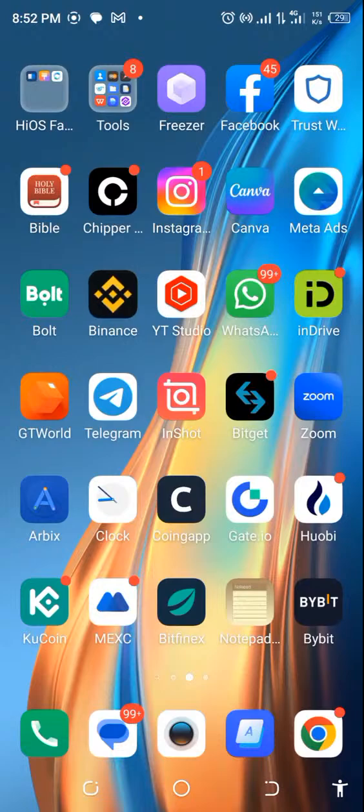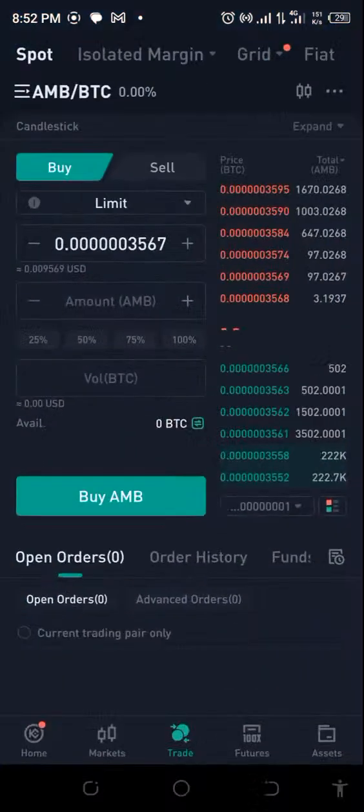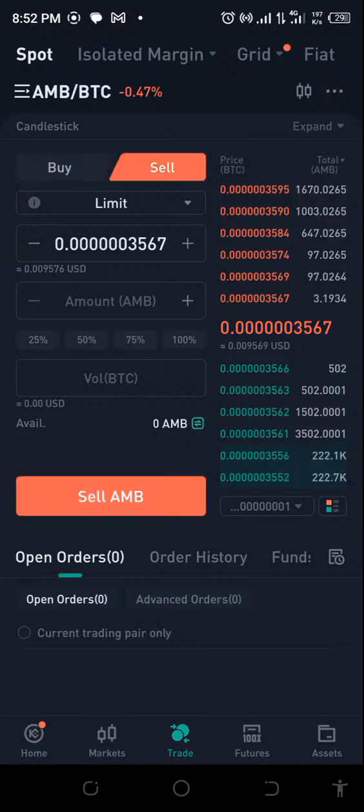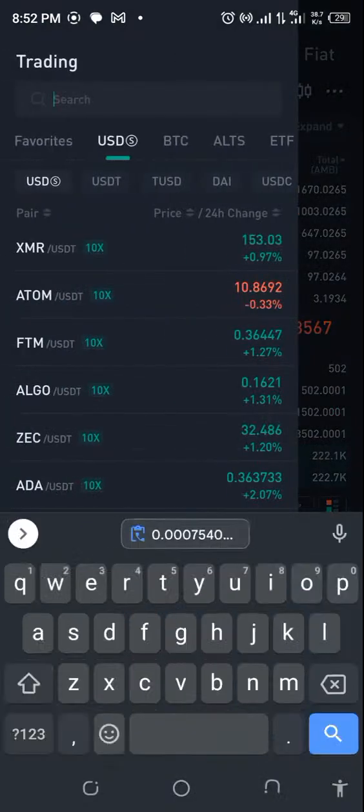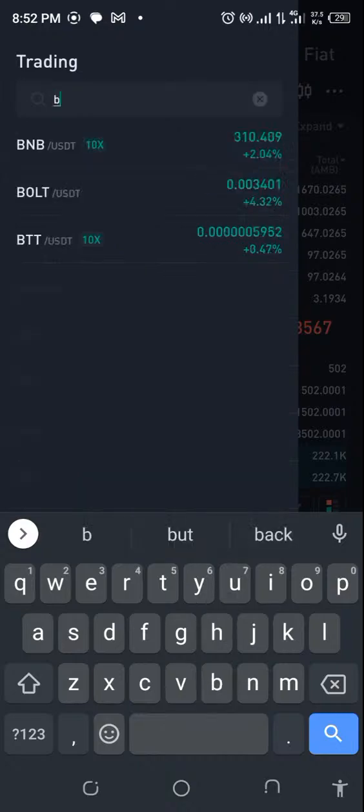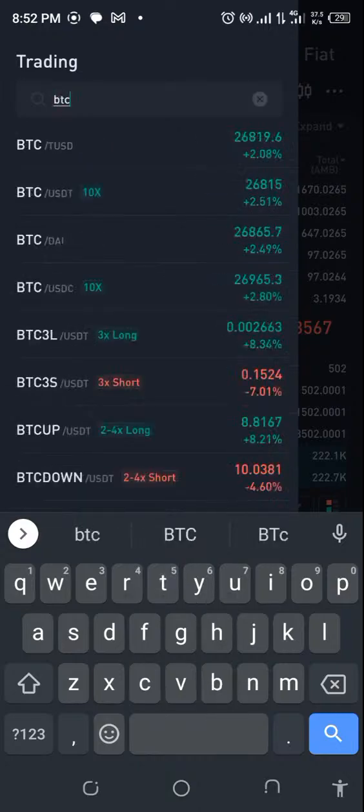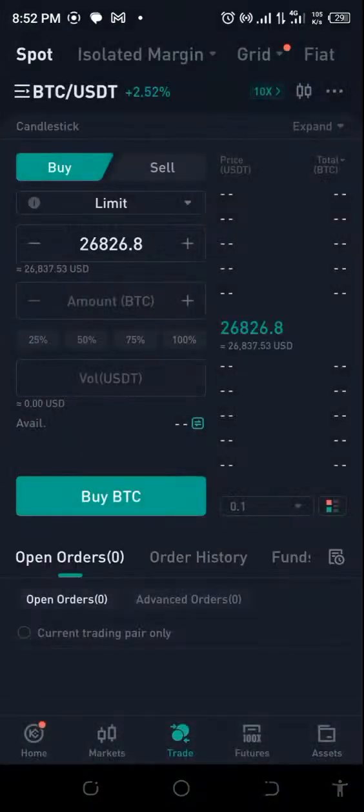Let's go over to KuCoin and see what we will get. What do we have here? It's 3567. Let's hope there's profit here. All right, so you just paste that there. Okay, so we get 0.00754. Let's copy that and go check whether we're going to make money or not. All righty, so we're going to be selling.